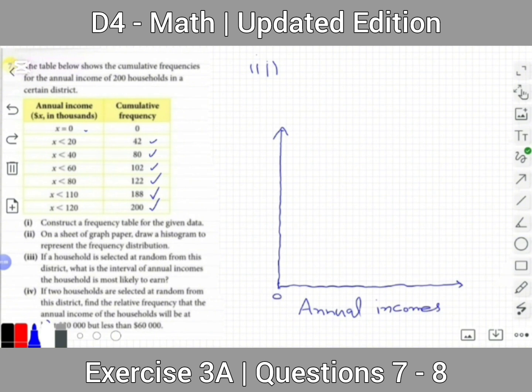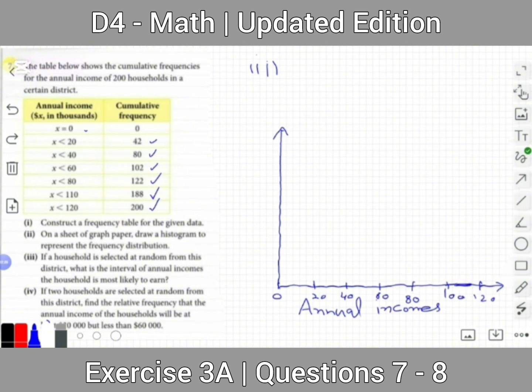Here we have 0, 20, 40, 60, 80, 100, and 120. So here we have scaled the x-axis.